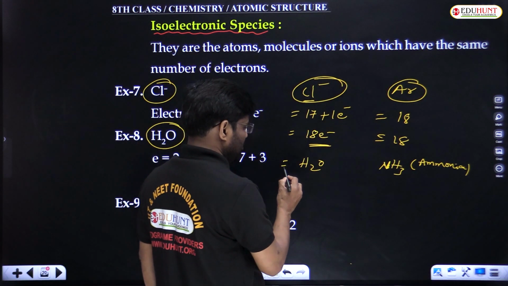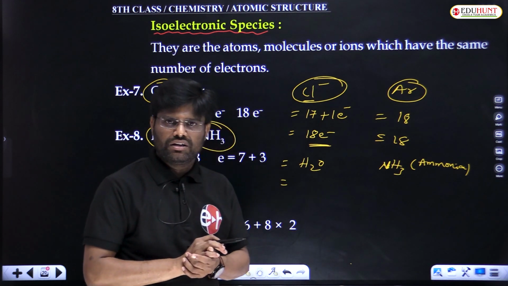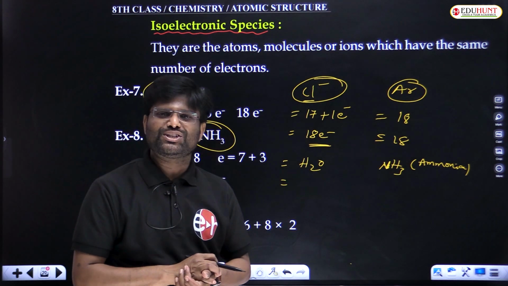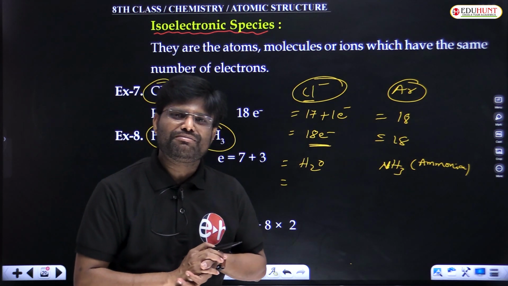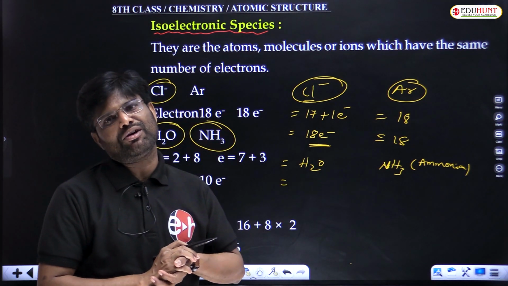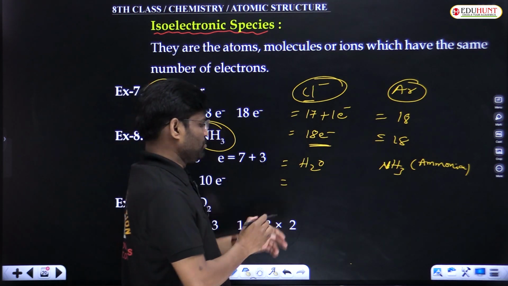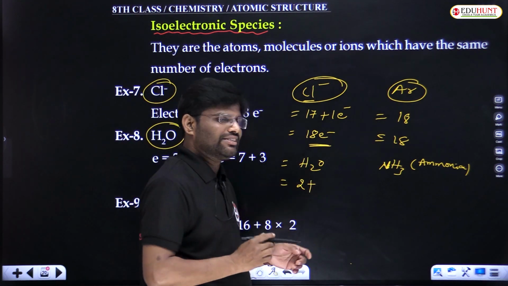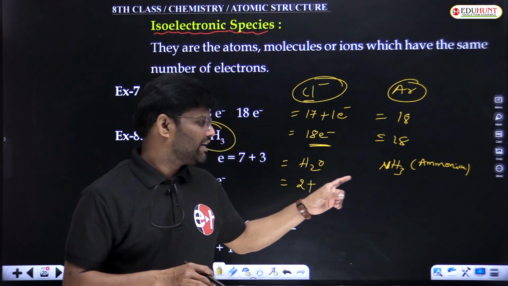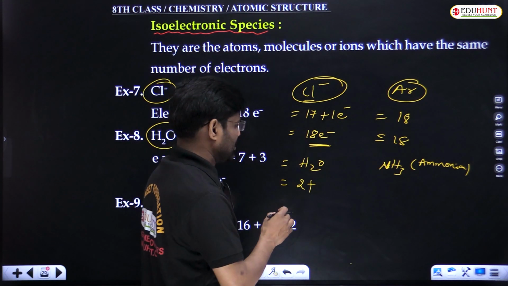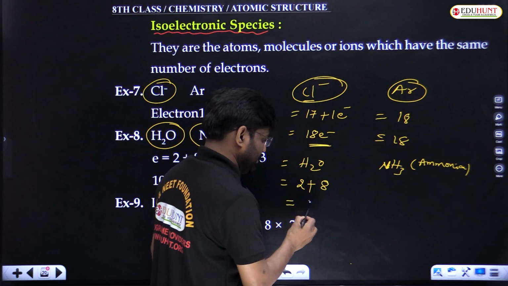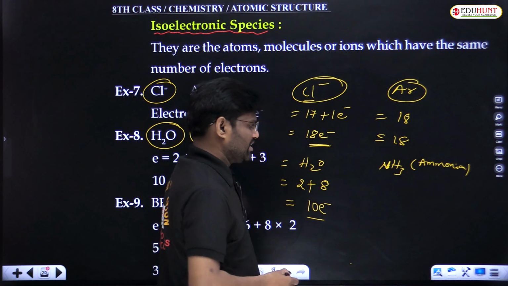Atomic number of hydrogen is 1, but how many hydrogens are there? 2 hydrogens are there, so 2, plus oxygen atomic number 8, so you should write 8 electrons. Total 10 electrons in this case.